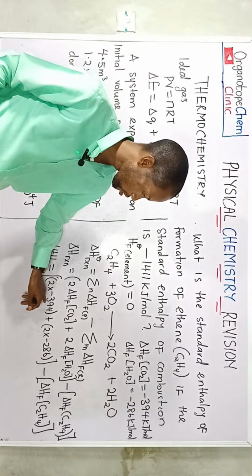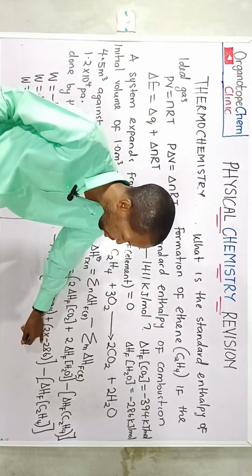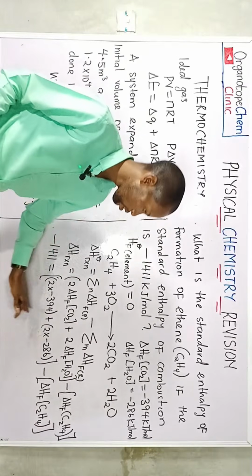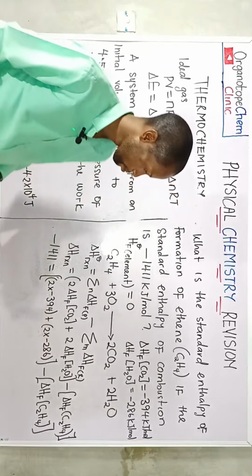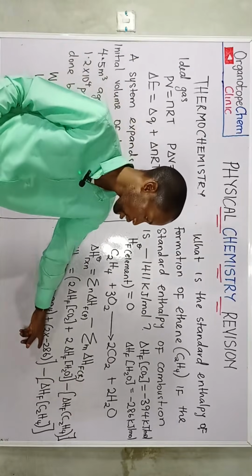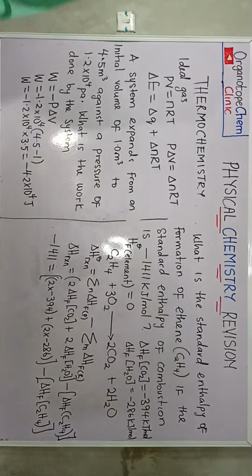Okay, can you help me to press this? 2 times minus 394, then 2 times minus 286. We want the final value for this together. So 2 times minus 394 plus 2 times minus 286. Drop that in the chat.